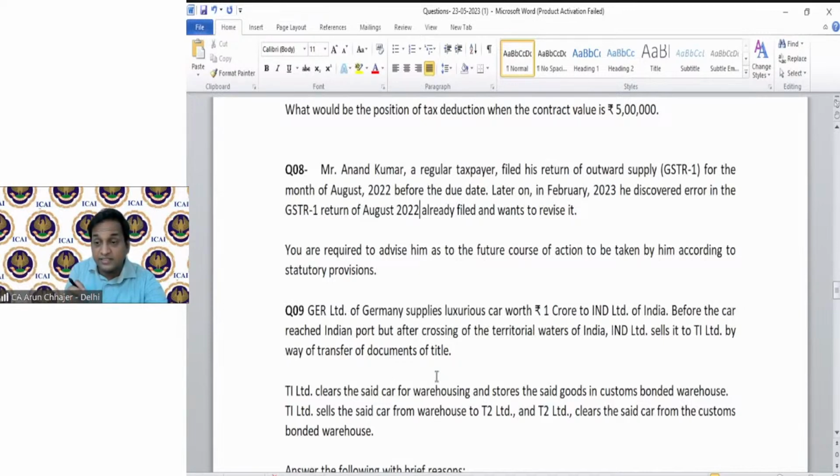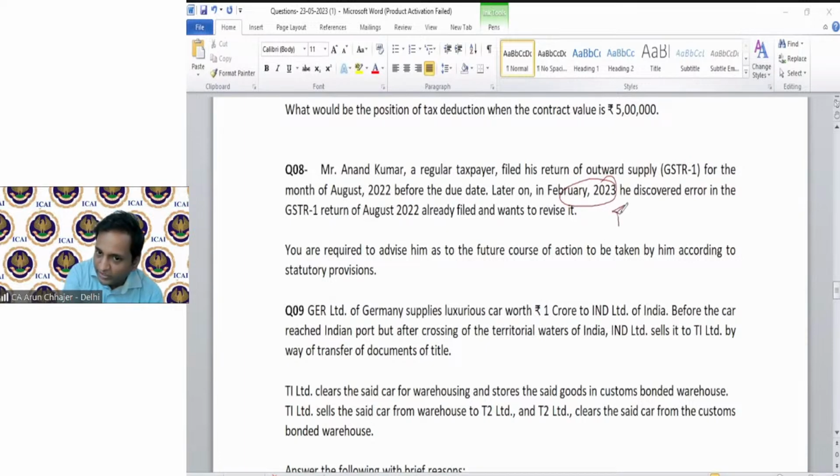See, a revised return is not possible in the GST. You can only amend or rectify the error in a future GSTR1. So in this case, when Mr. Anand Kumar is furnishing the GSTR1 for the month of Feb 23, yes, he can correct the mistake of August 22.